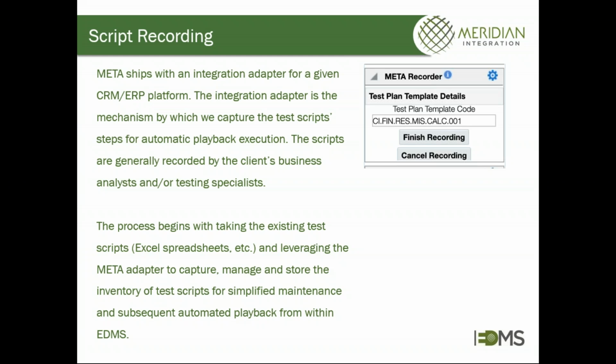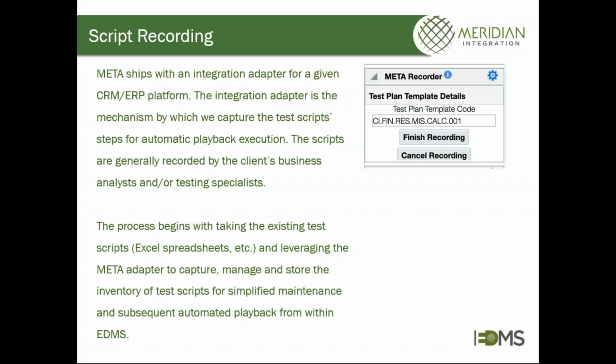Not all organizations have existing test scripts, but if you do, it's a great starting point for recording your scenarios. We typically recommend sticking with a naming convention which uses a combination of functional area, business process, customer types, etc. You can go on and on.